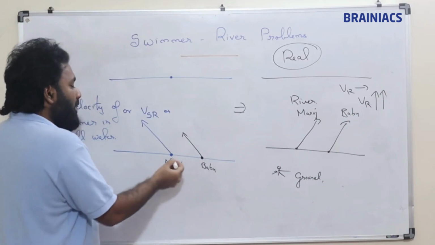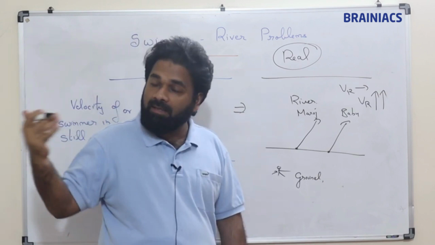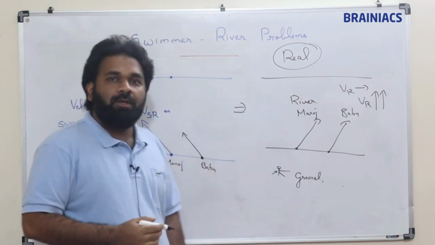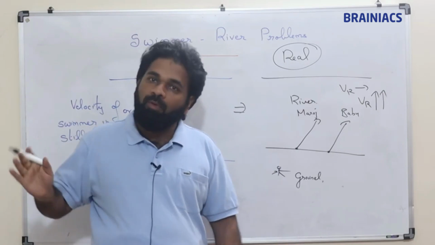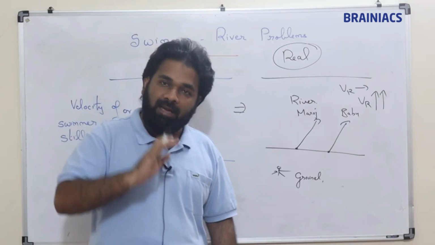But if Manoj looks at Babu, he will feel that he is also swimming straight. When Babu looks at Manoj, he feels that we both are swimming in the straight direction, in a straight line.